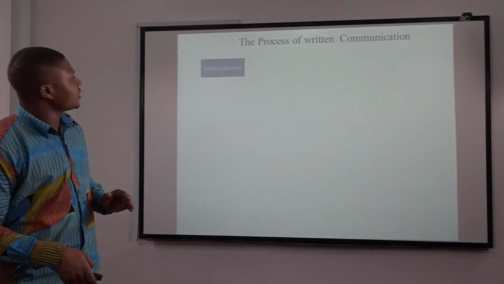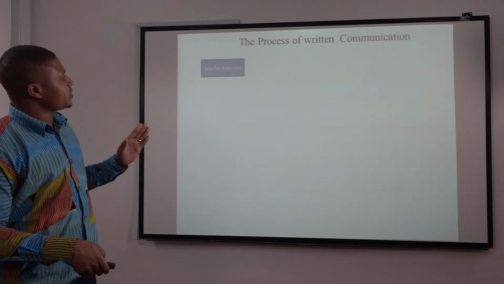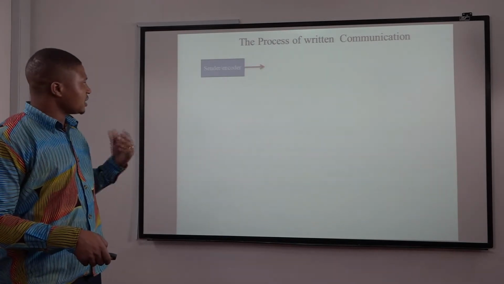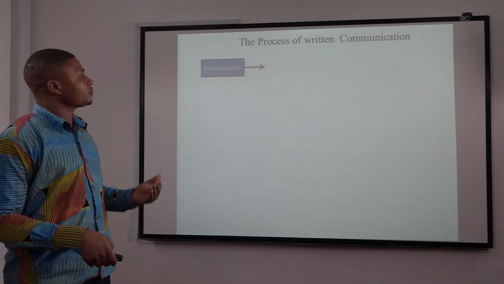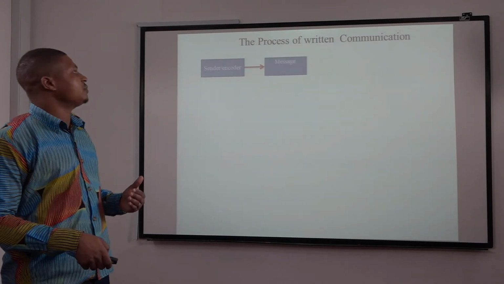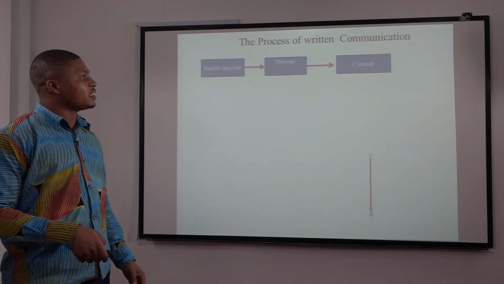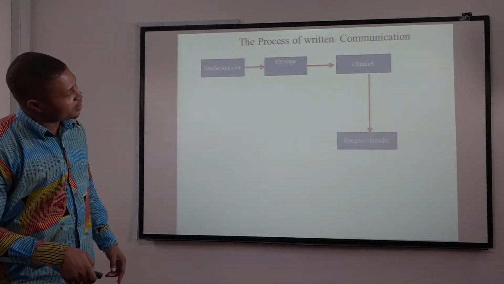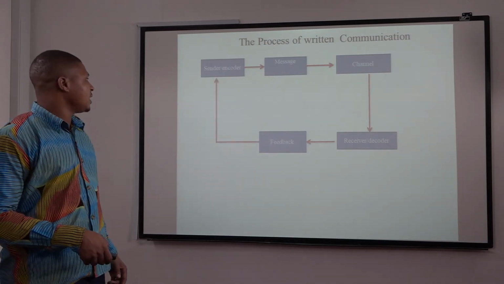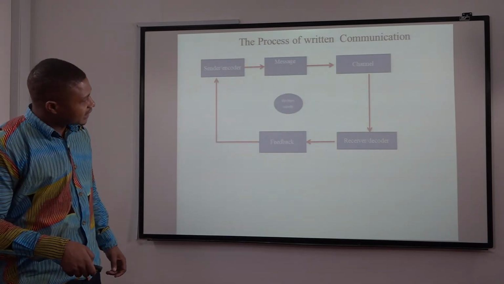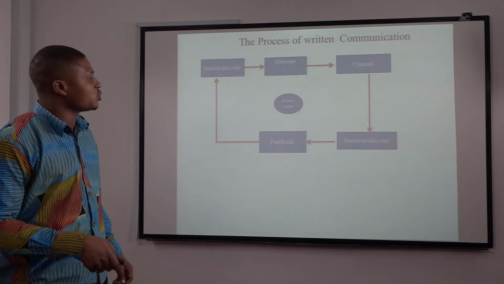Now, the process of written communication: we start with the sender, as you saw in oral communication. The only difference is the means in which the message is communicated. The message is there, channel is there, receiver is there, feedback is there, but what differentiates it from oral communication is the means, which is written words.